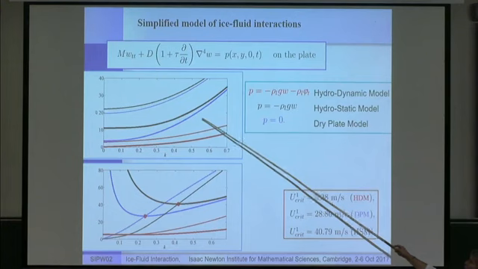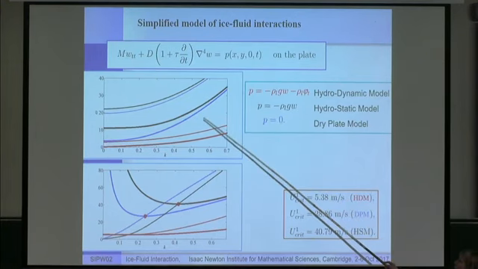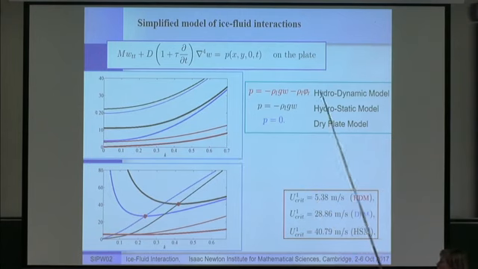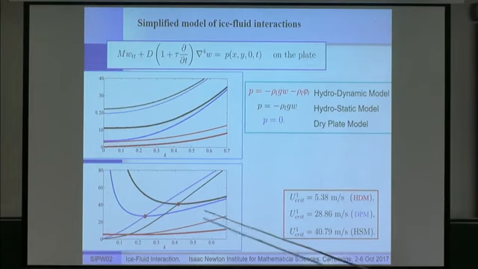For this approximation it is much higher, and for the dry plate model it is also quite higher. And the same big difference for the critical speed. It is normal for the hydrodynamic model, but very, very high for the dry plate model, the hydrostatic model.